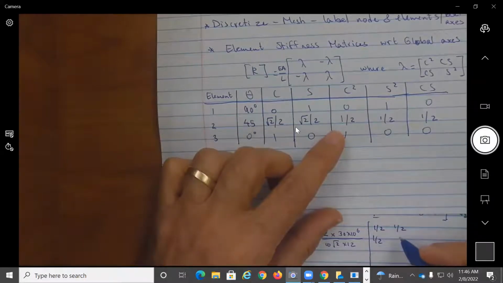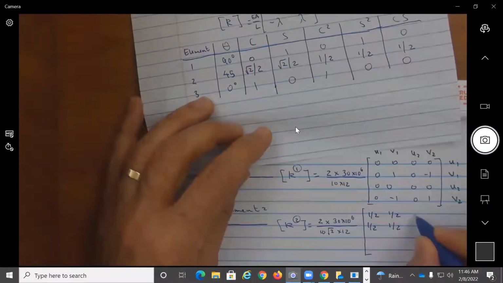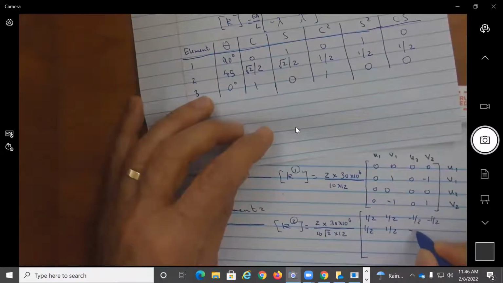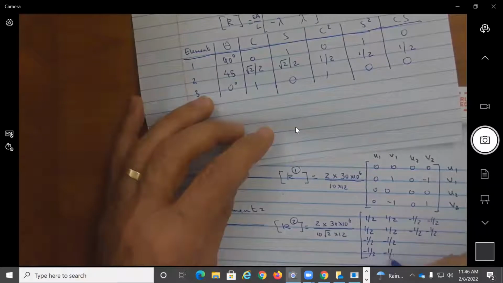And S squared is also a half. And I'm going to repeat. So I have here a minus half, minus half, minus half, minus half, minus half, minus half, and so on. And here we have positive halves.